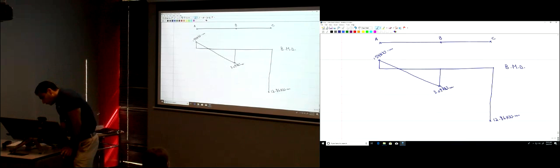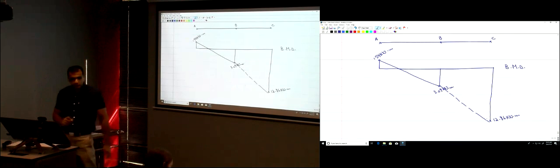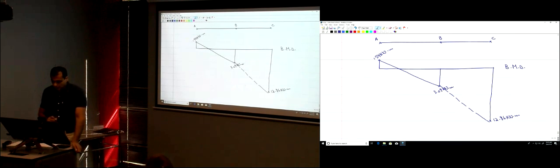The distributed load is on the top of the member, so you connect both points by a dotted line, and then here you're going to have a curve.